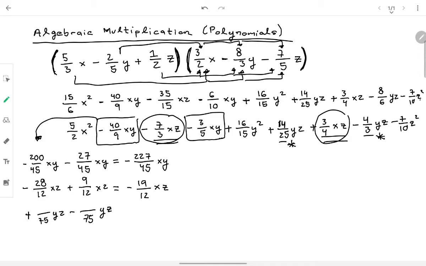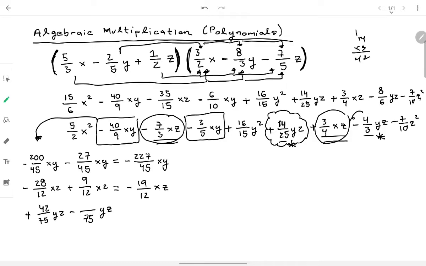So the first one is multiplied by 3. 14 times 3 is 42. So it will be 42 over 75.